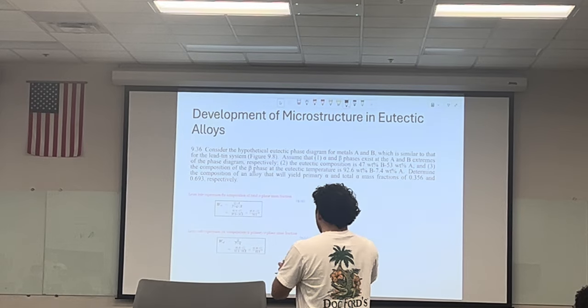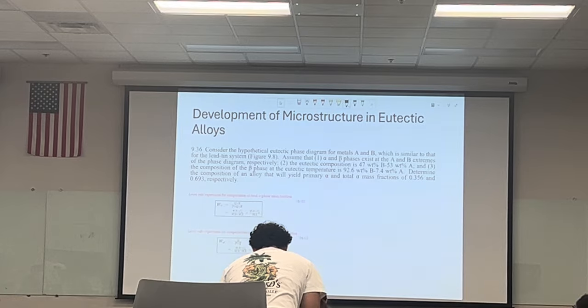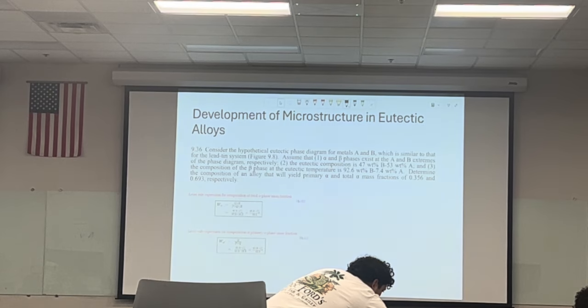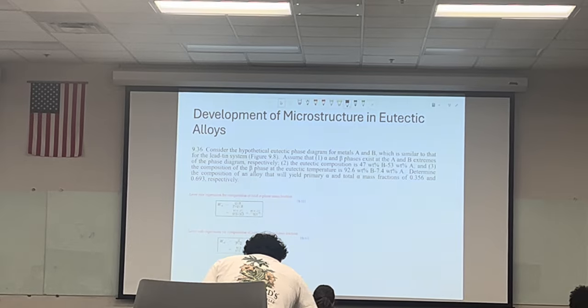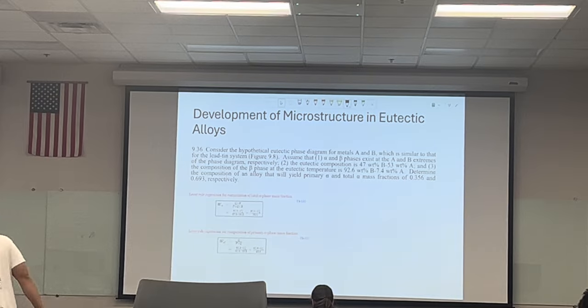And so I should probably introduce the equations to you. The first equation is just the lever rule expression for computation of the total alpha phase mass fraction. I think we kind of touched on this in earlier questions for chapter 9.